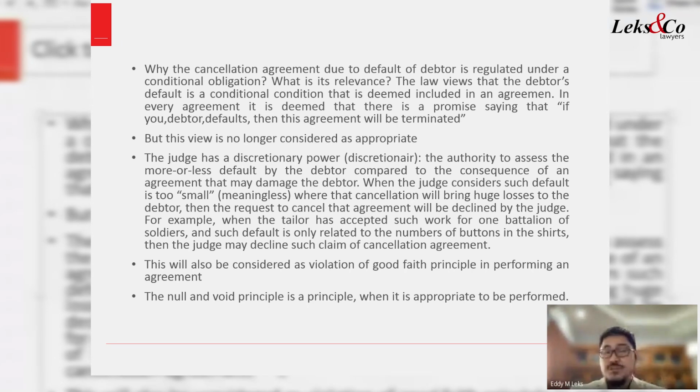For example, this tailor, right? This tailor already finished almost everything, but the buttons are not complete as required by the agreement, and then it is considered null and void. So it doesn't make any sense, right? Because the tailor seems to be treated unfairly.